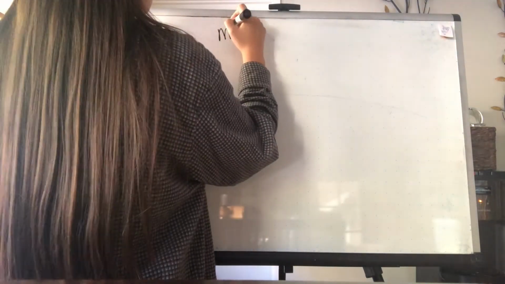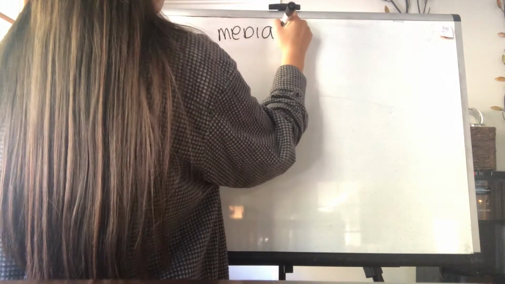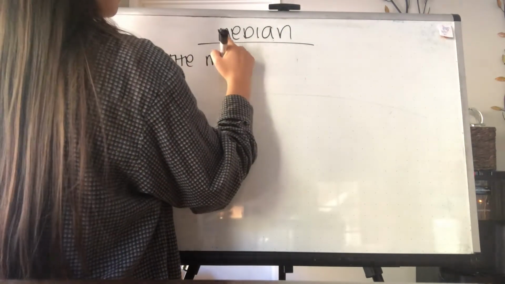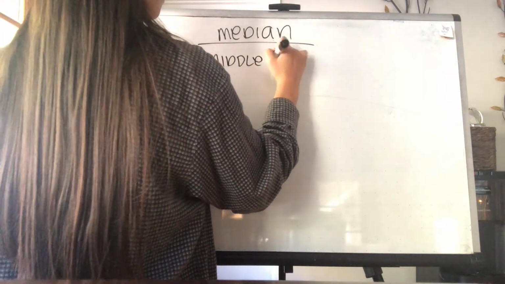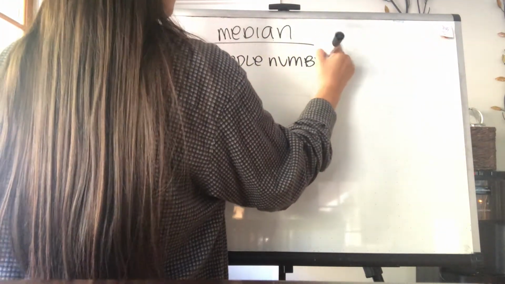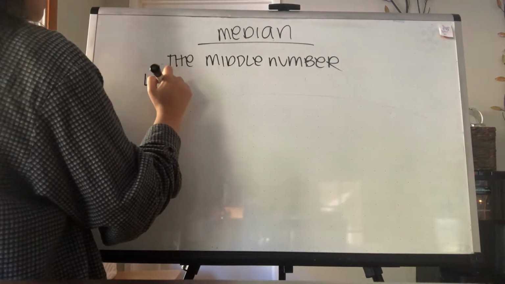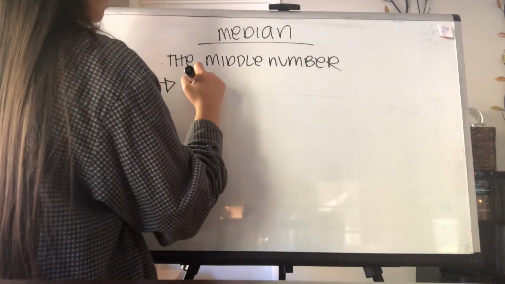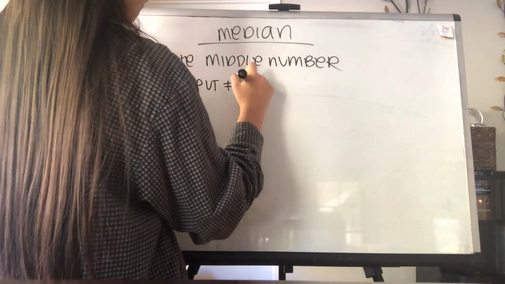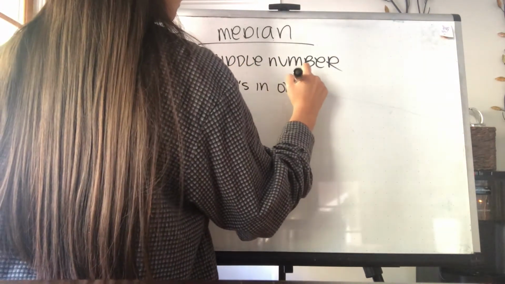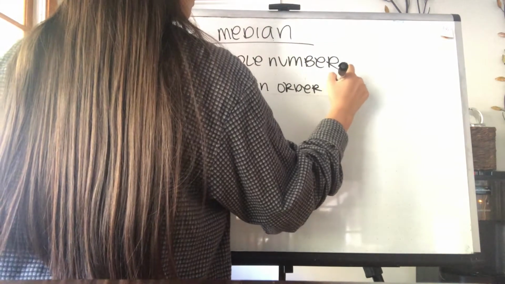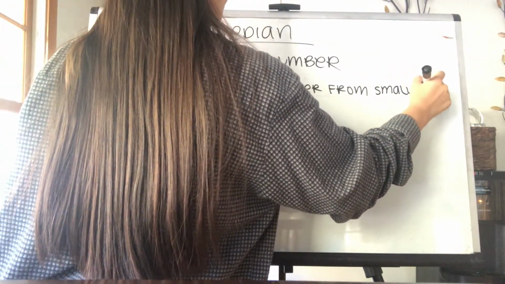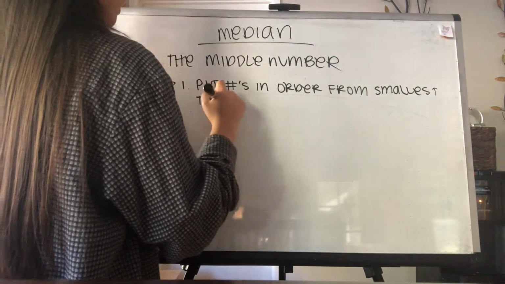Next is median, and what median is pretty much just the middle number. And so how you would find the median is one, you put the numbers in order from smallest to largest.